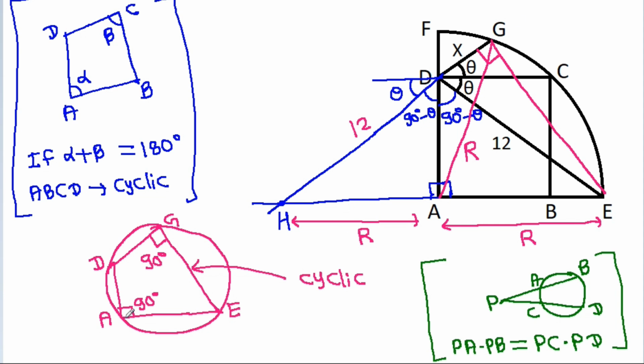And here this point is H and HA is R, AE is R, and HD is 12 and DG is X.